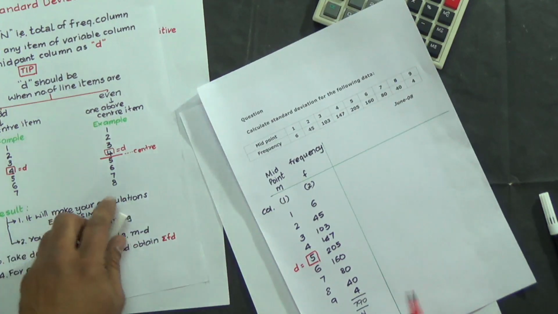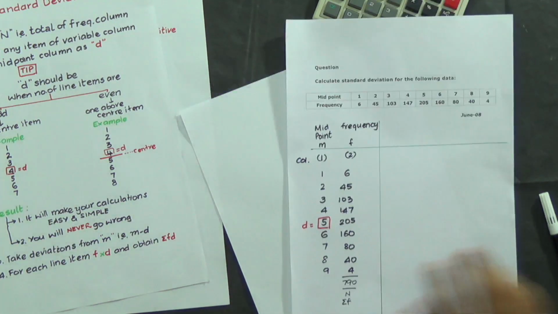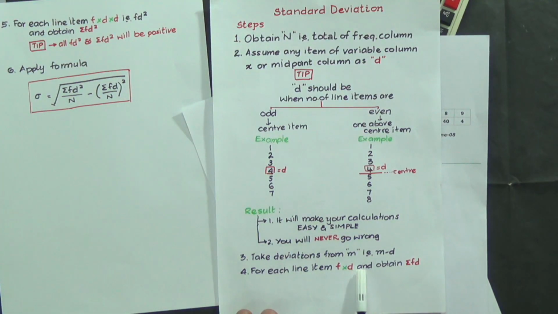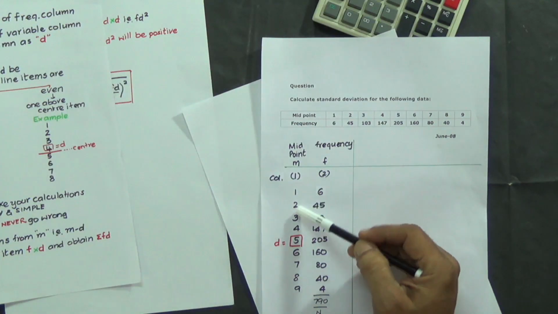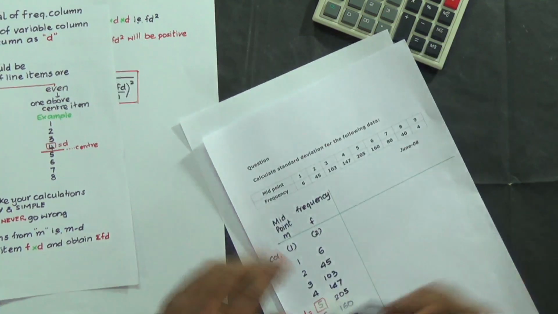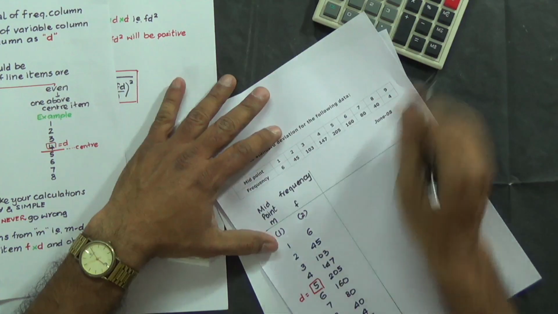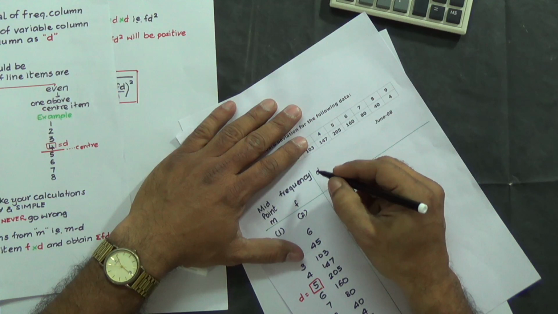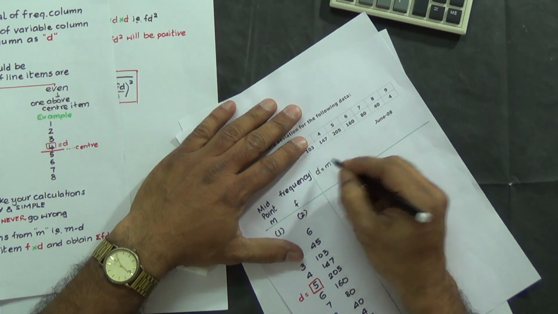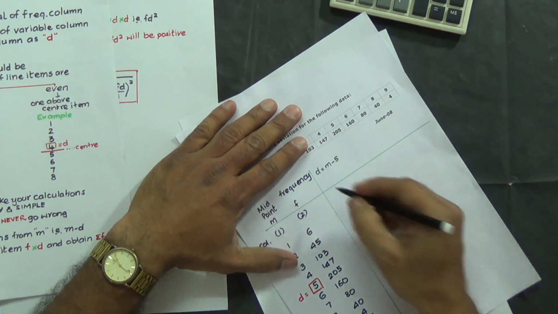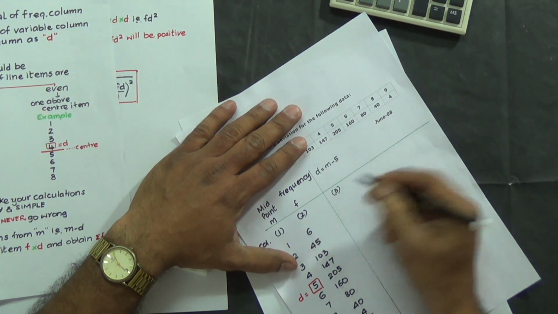Once this is chosen, the next step will be to take deviations from M, that is M minus D. Each item over here is called M minus D, 1 minus 5, 2 minus 5, like that. Let us take deviations from M. Here D is equal to 5, M minus 5, let me call this column number 3.